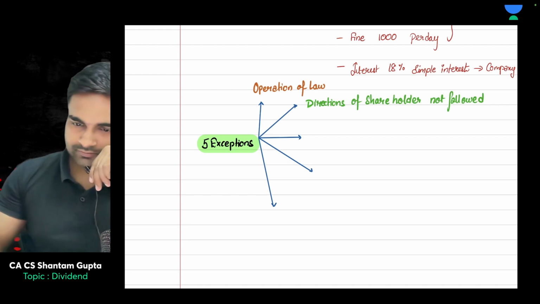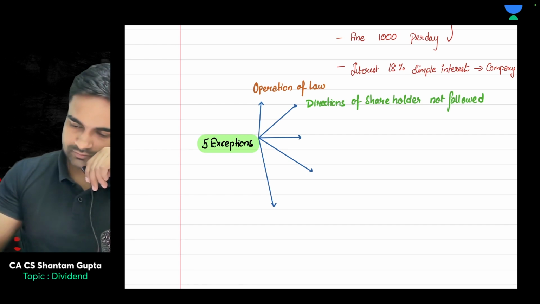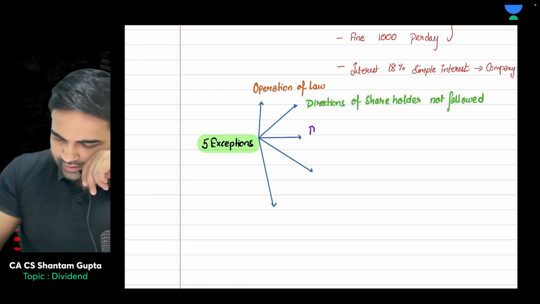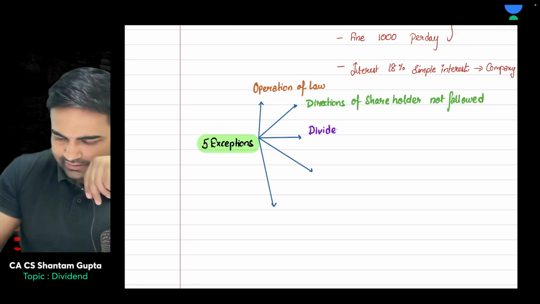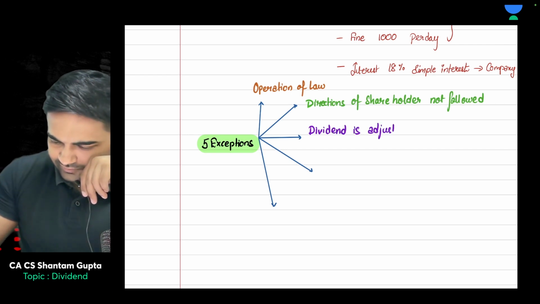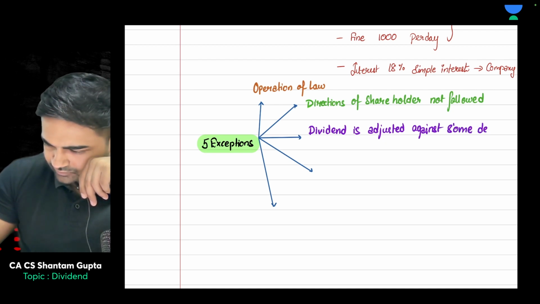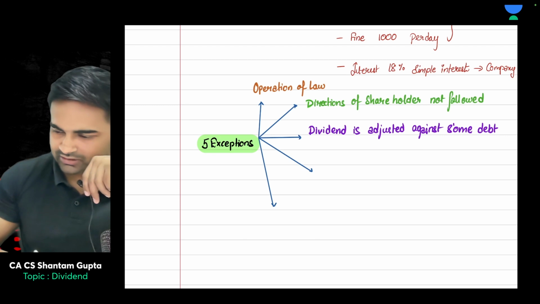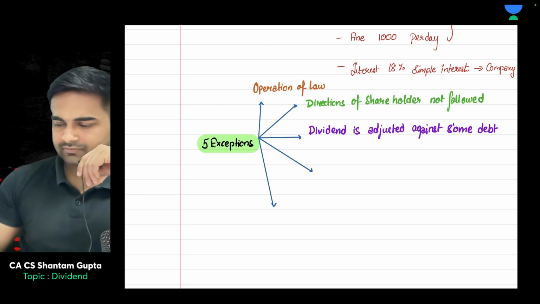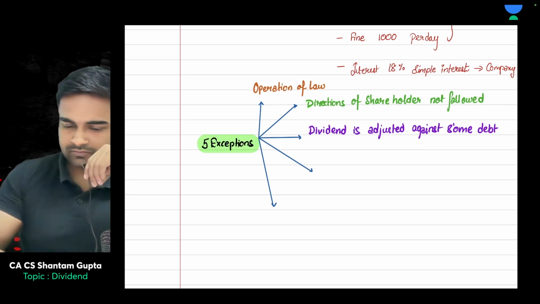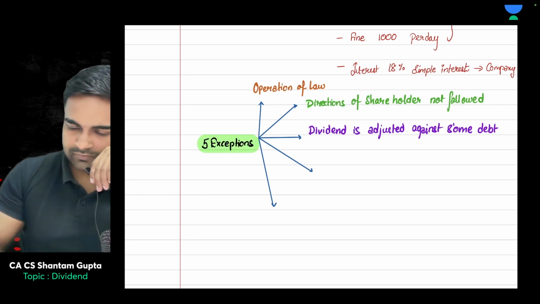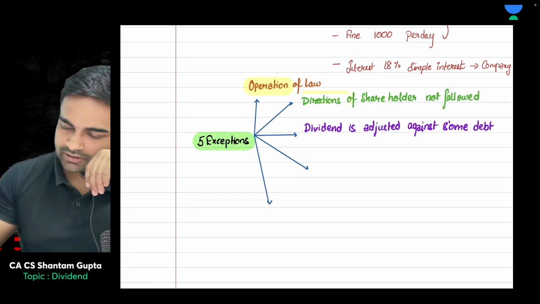Next, dividend is adjusted against some debt. So operation of law, directions, debt.